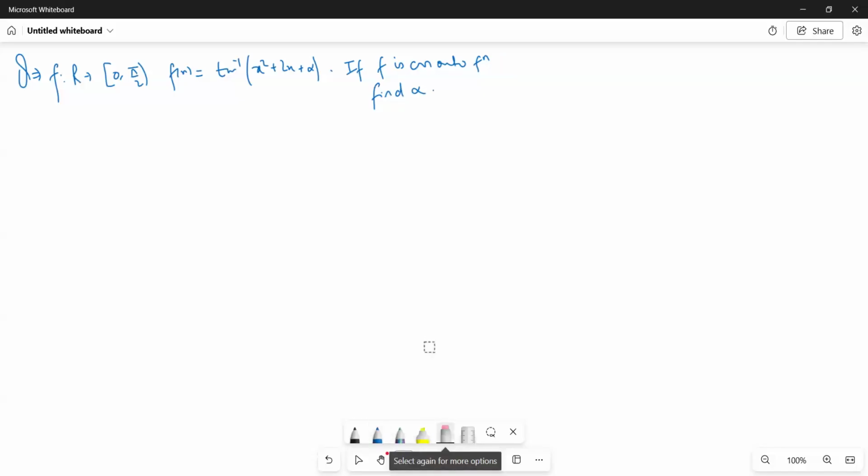What is an onto function? Codomain is equal to range.